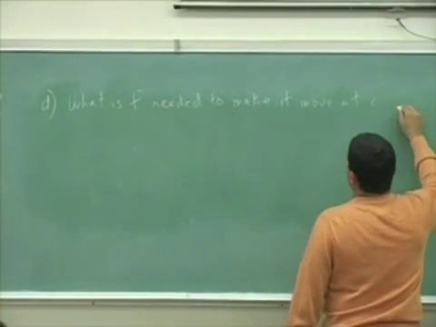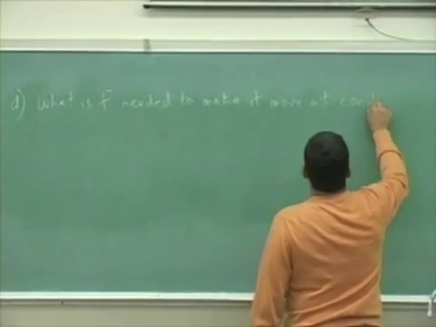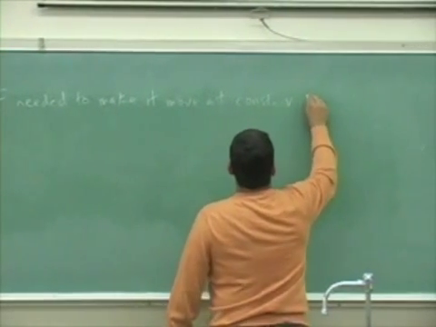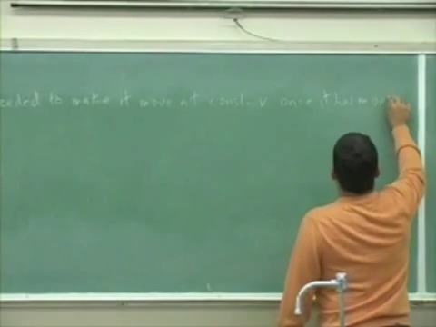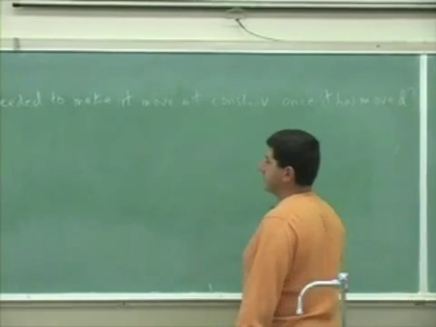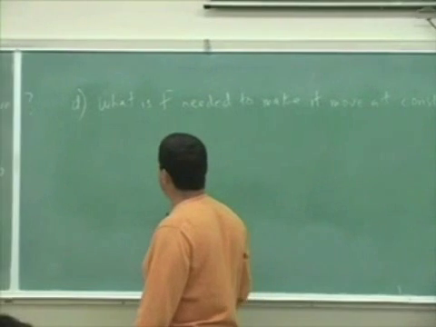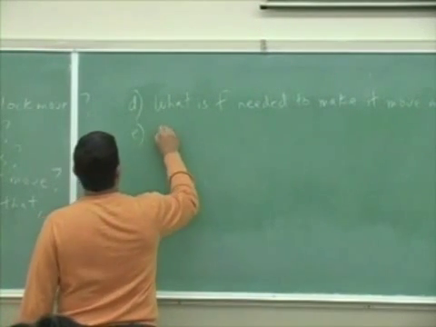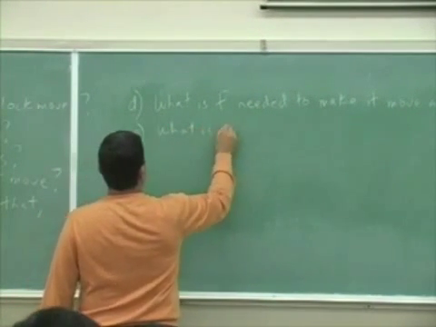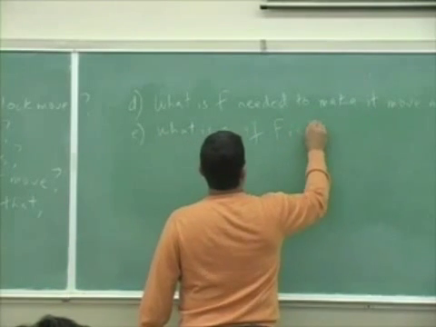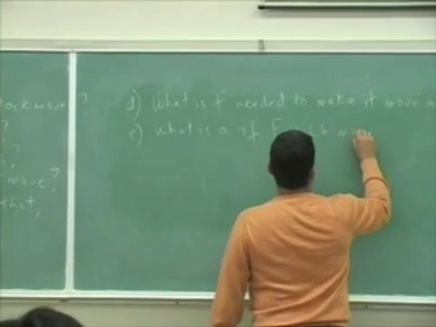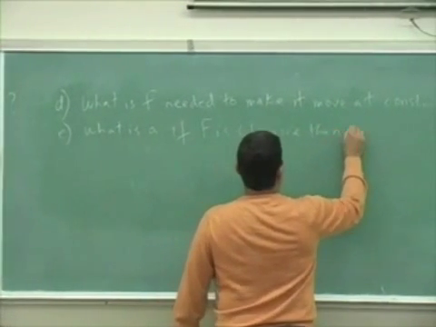What is F needed to make it move at constant V once it has moved? And what is A if F is 1 pound more than that?